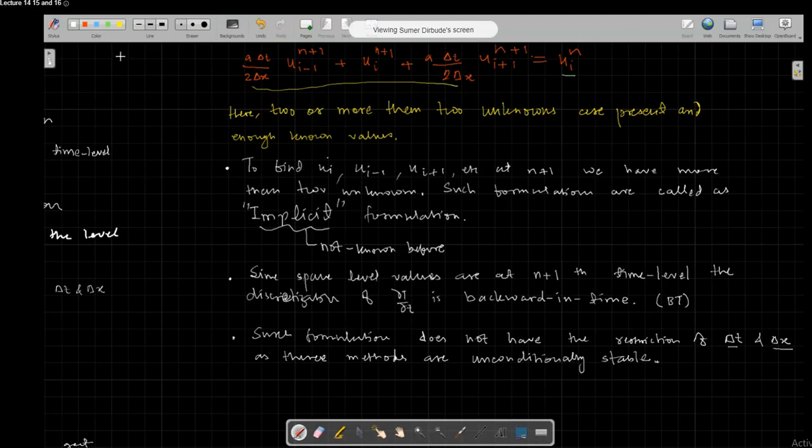But just to make a note, we know that using larger delta t and delta x, where delta x means any of x, y, z also, the truncation error increases.